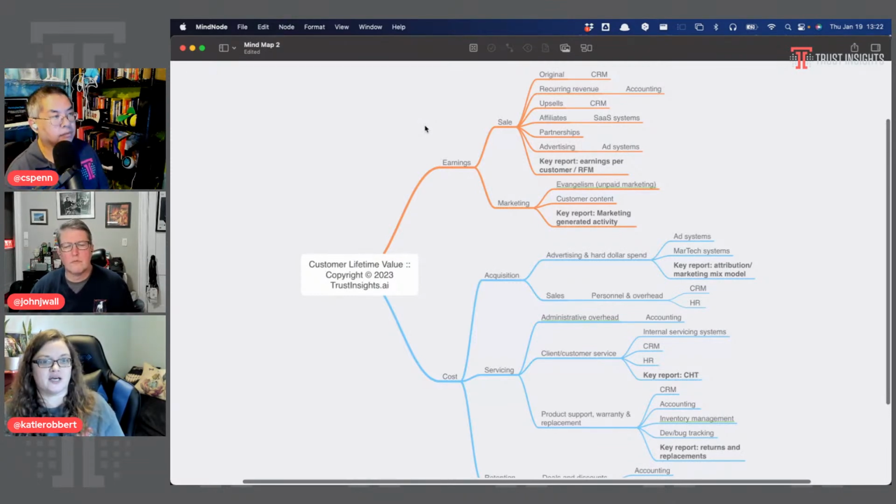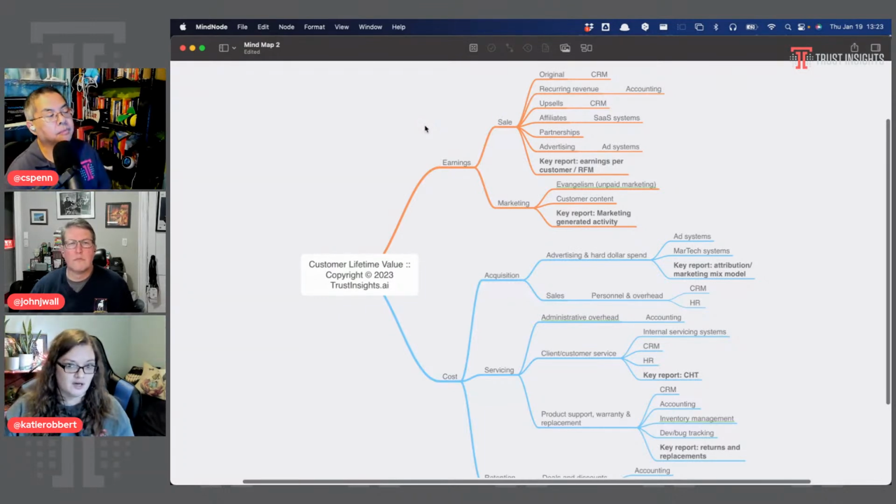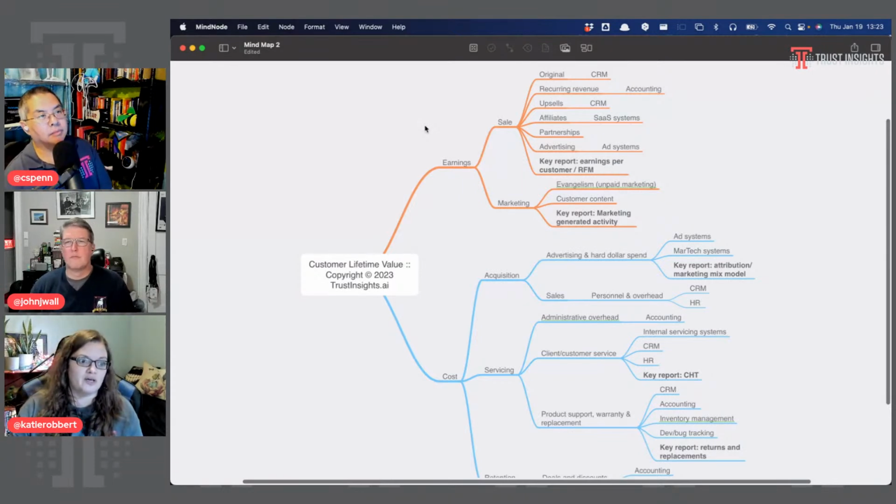How much is a form fill worth? How much is a download worth? In order to truly properly calculate that, you need to understand the customer lifetime value first, and then you can work down the formula to understand what those are. And we can show that formula a little bit later on when we get into what do you do with this information once you know it.